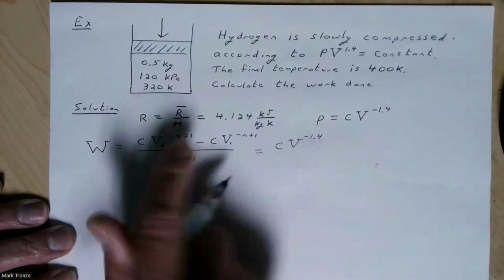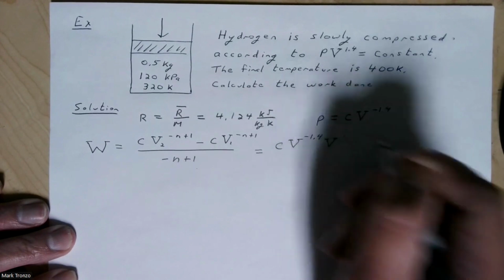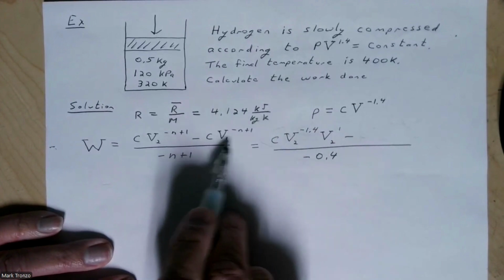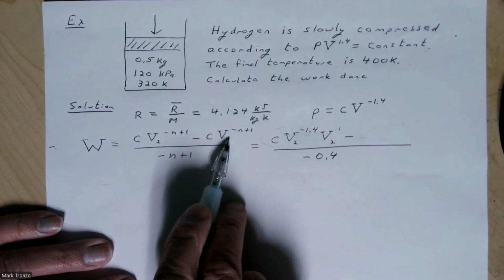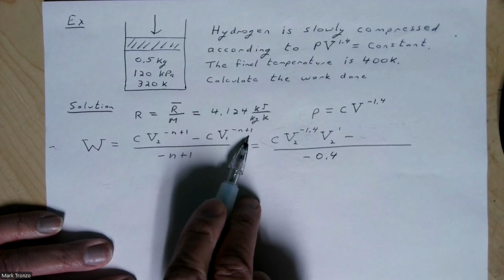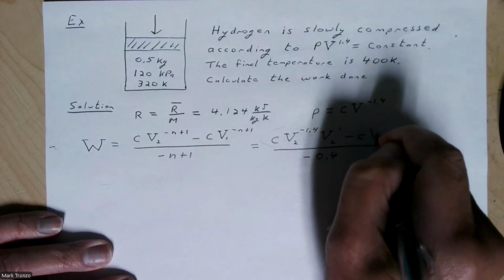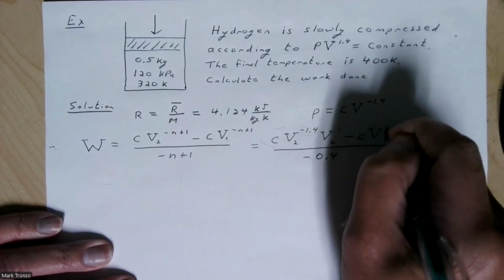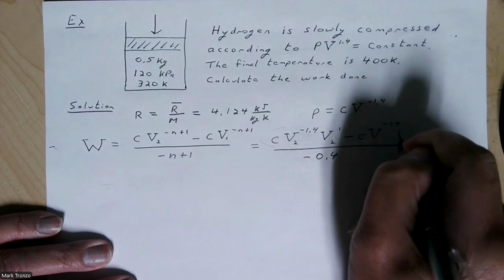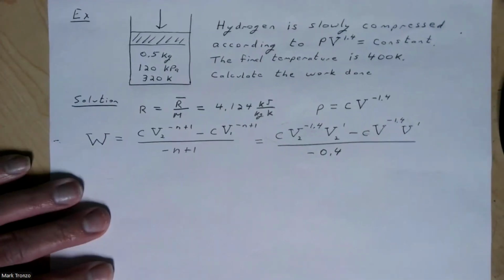I'm going to separate the V to the first power. Again, we'll write this as V to the minus 1.4 times V to the first, like this.